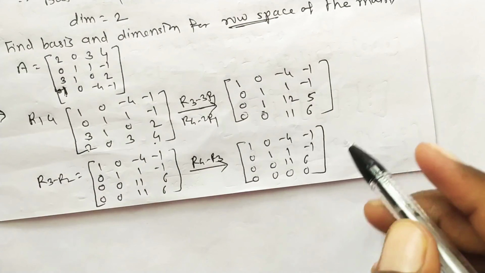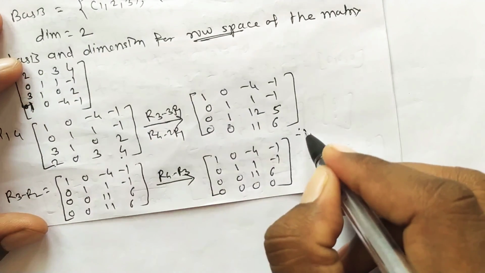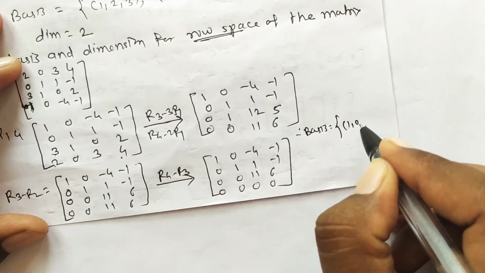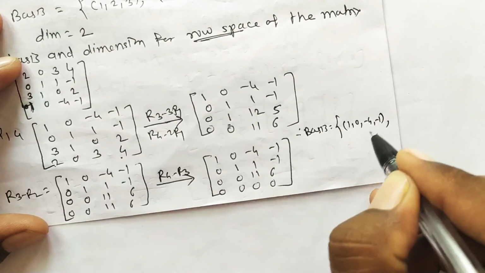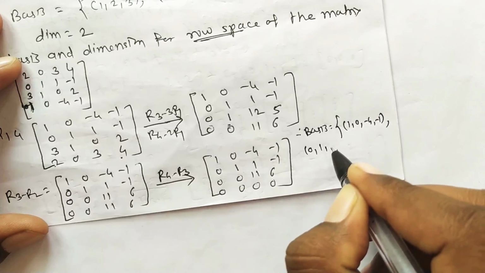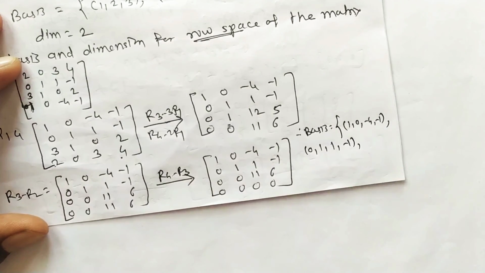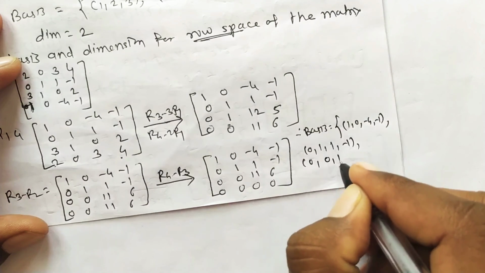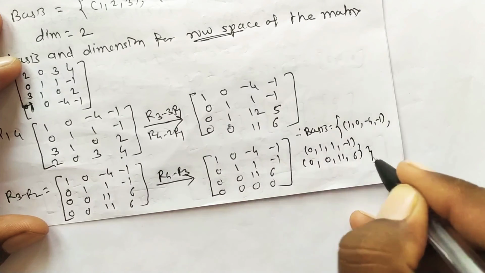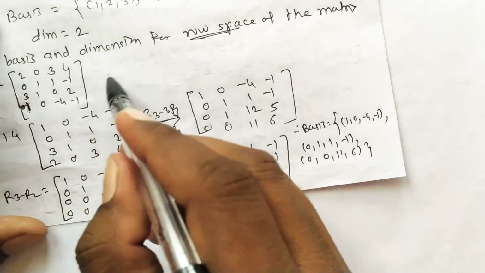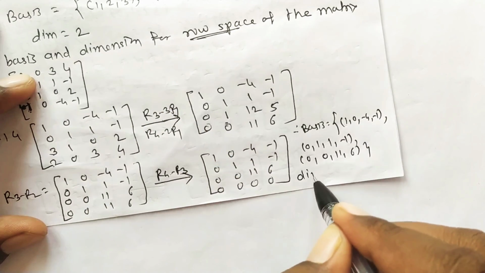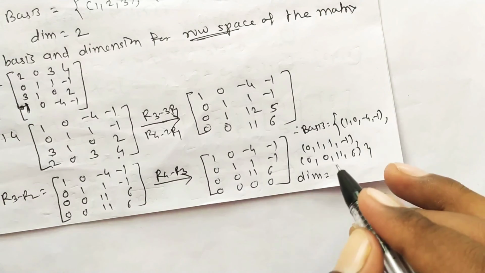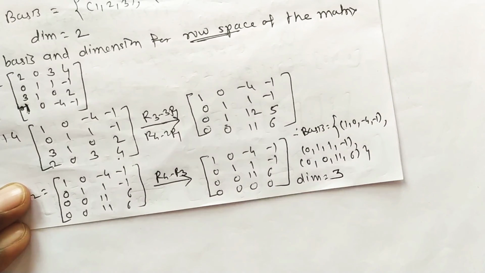That is R1, R2 and R3, and therefore we can write the basis as: first vector is 1, 0, -4, -1, second vector is 0, 1, 1, -1, and third vector is 0, 0, 11, 6. So this is the basis of the row space of this matrix. What is the dimension here? The dimension is the number of vectors in the basis, that is 1, 2, 3, so the dimension is equal to 3.